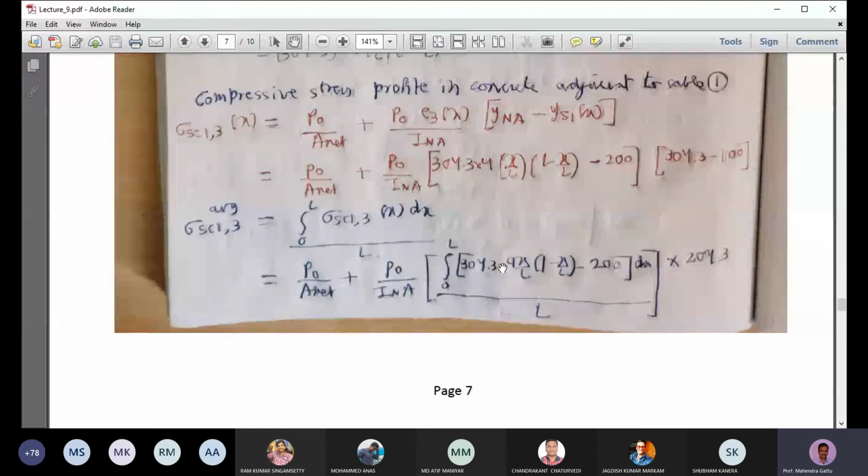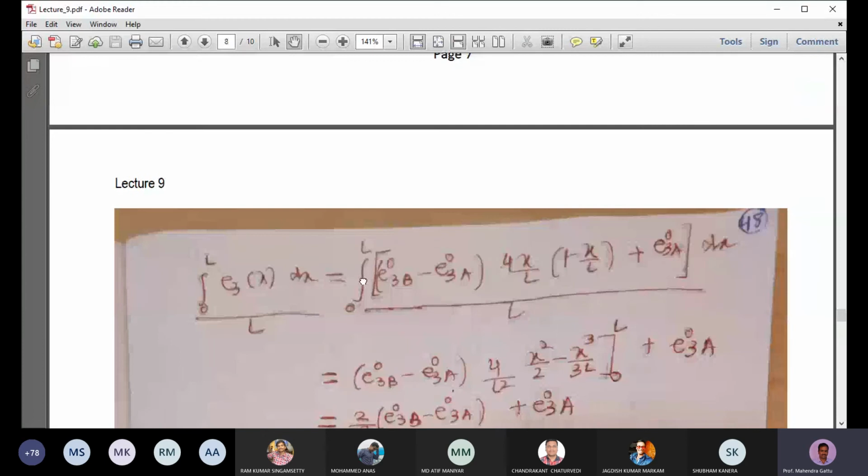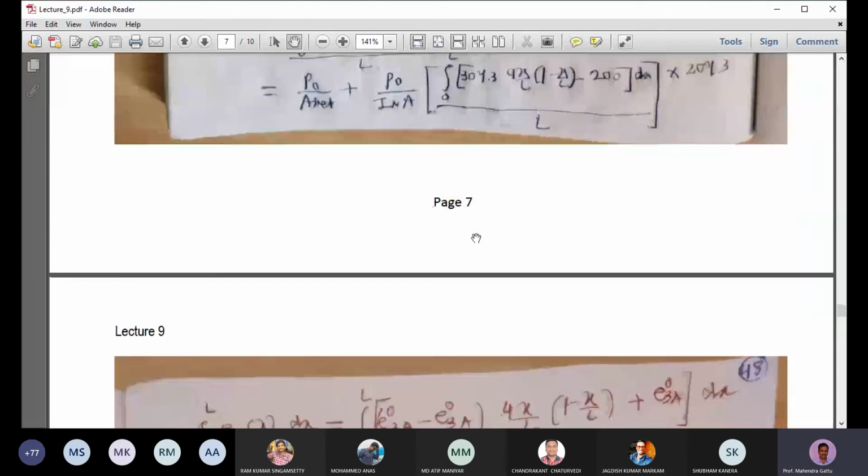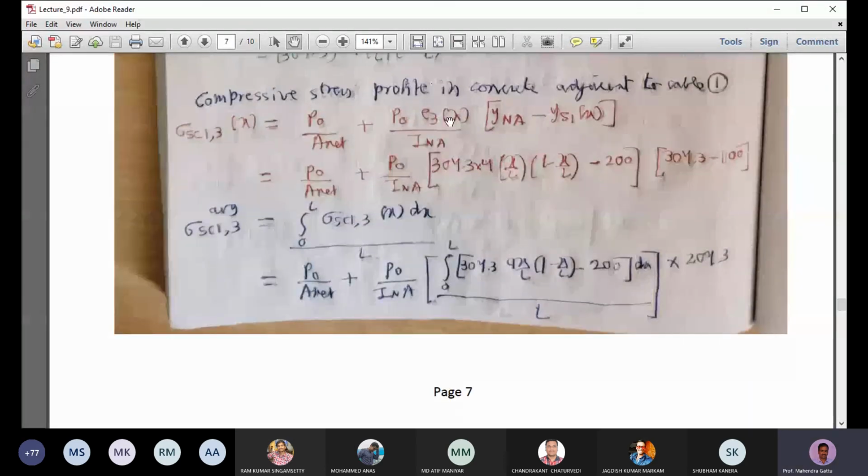So it will be 2 by 3 into 304.3 minus 200. Okay, 4x by L into 1 minus x by L is 2 by 3. So let's do that integration here. What we are doing is integrating E3 of x; Yn is constant.